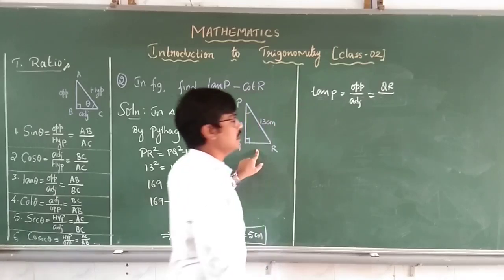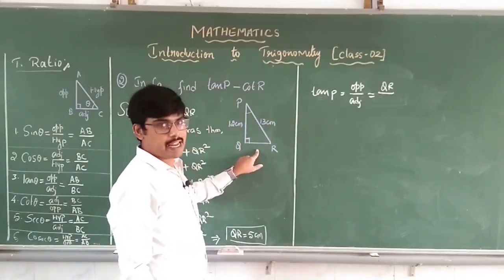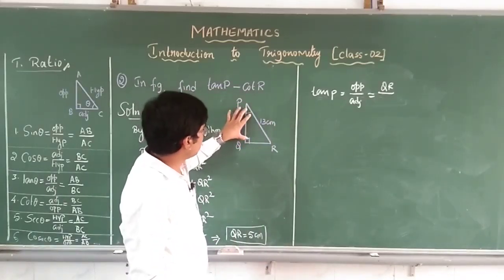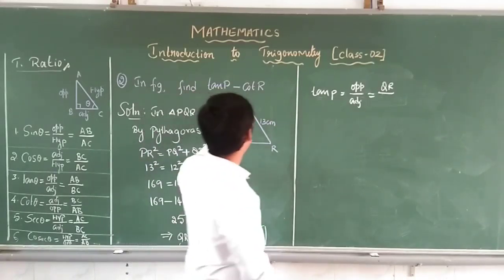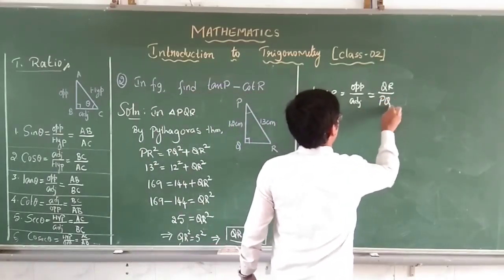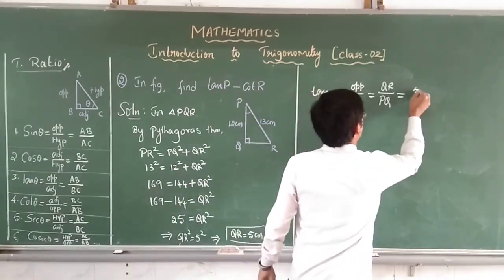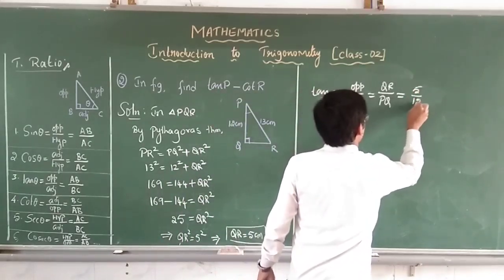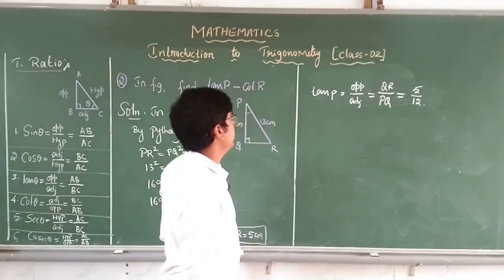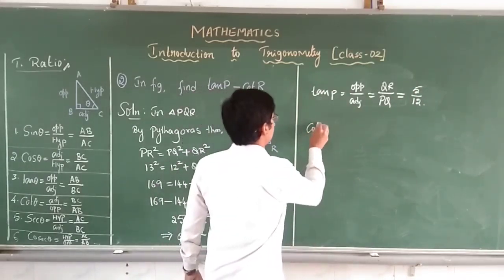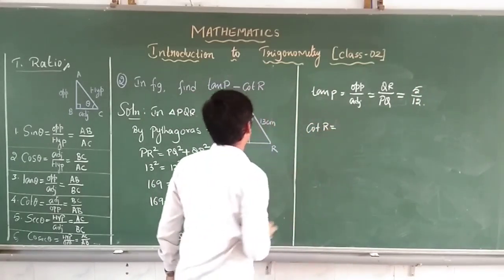Which is adjacent? The side which is adjacent to the right angle and acute angle. That is PQ. So what is the length of QR? That is 5 divided by 12. This is the ratio.